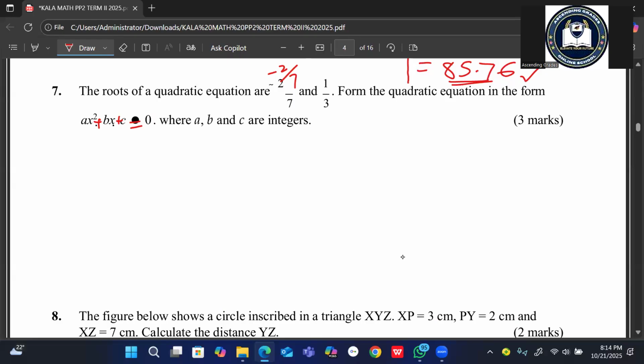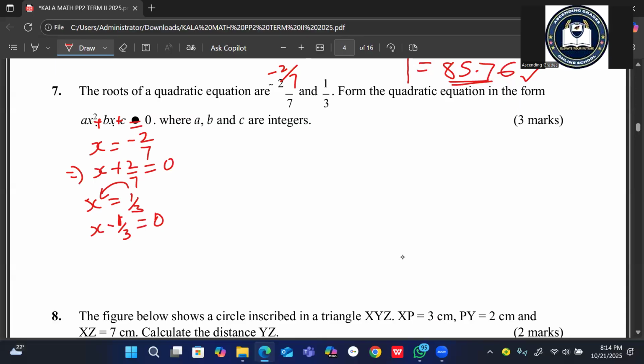So the first one, x is equal to negative 2 over 7. Therefore, x plus 2 over 7 should give you 0. The other one, x is equal to a third, so x minus a third is equal to 0.